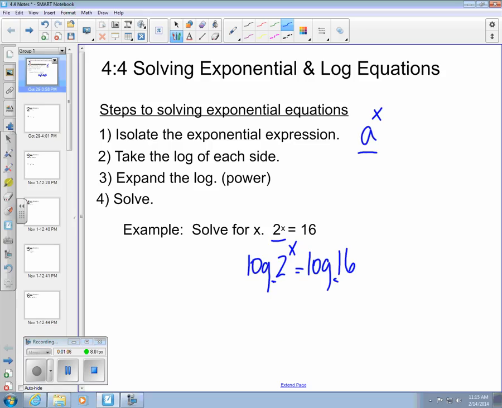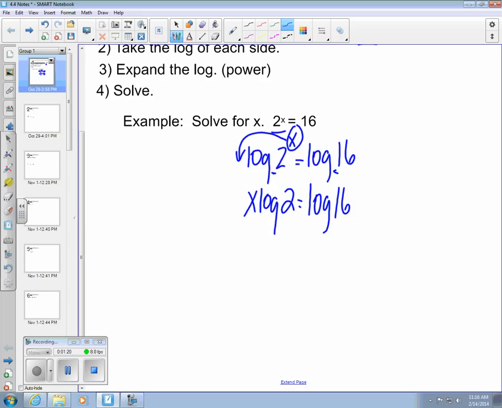So next step is to expand the log using our power property. We have this x here, we'll bring it down. So we have x log of 2 is equal to log of 16. And then the next step is to solve for x. In order to get this x alone, we'll divide this side by log base 10 of 2, and this side by log base 10 of 2.